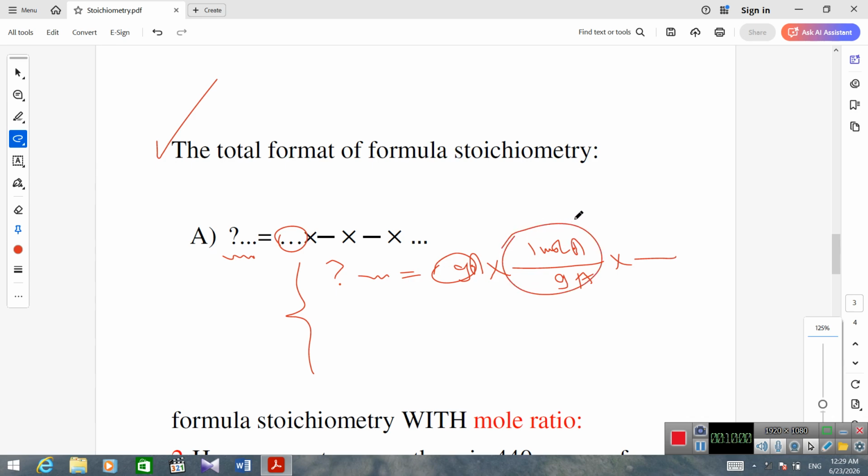This quantity is the molar mass or molecular weight.